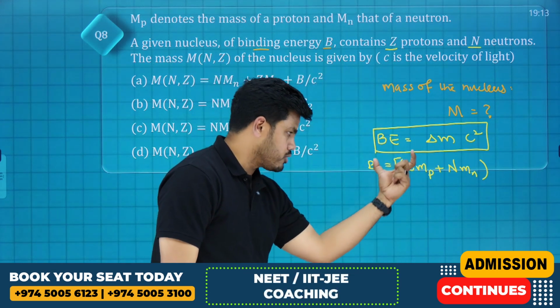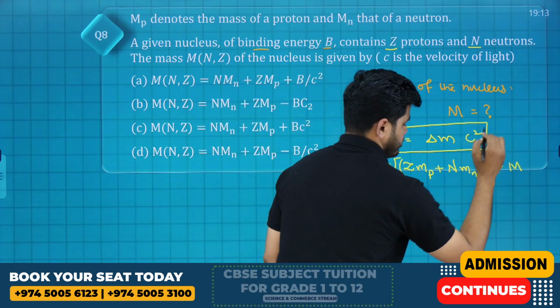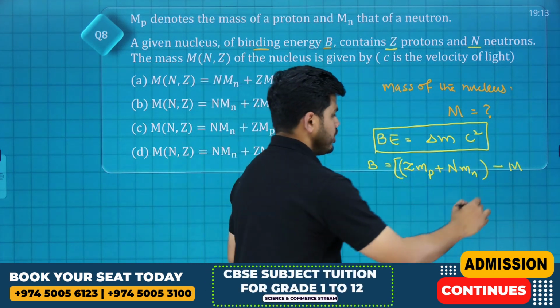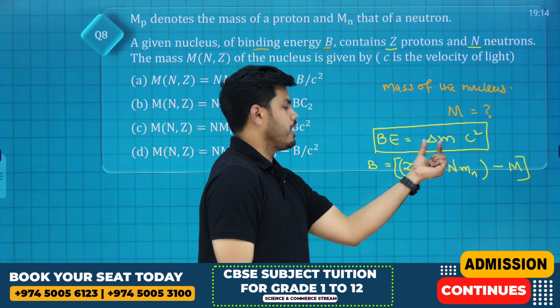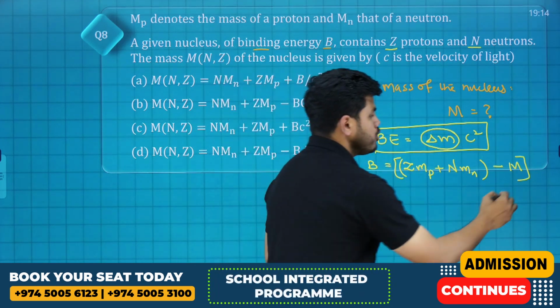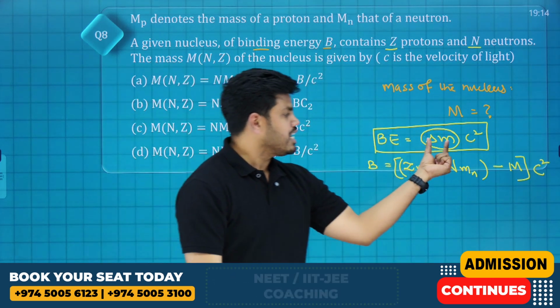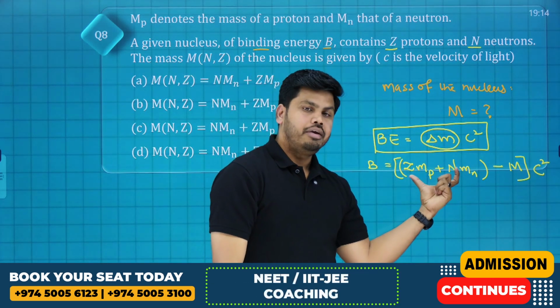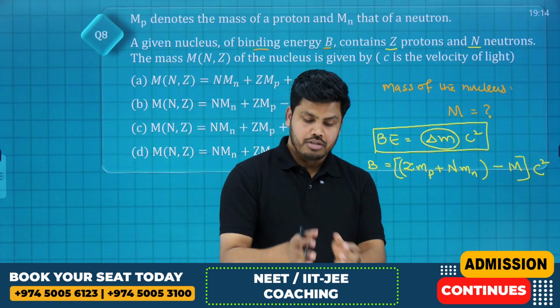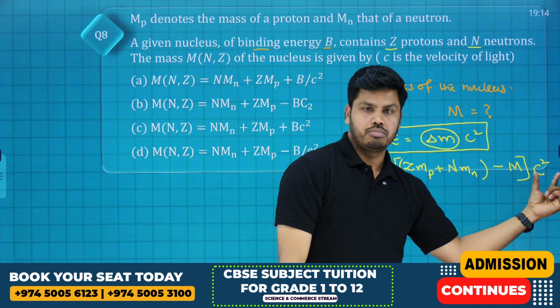Total mass of the constituent particles minus actual mass makes delta M. Delta M, the missing mass, into C square is the binding energy.